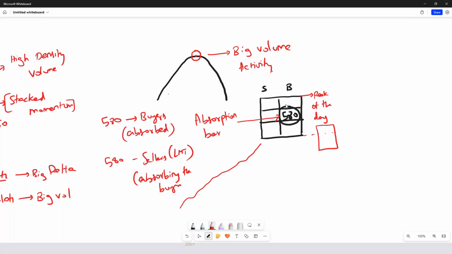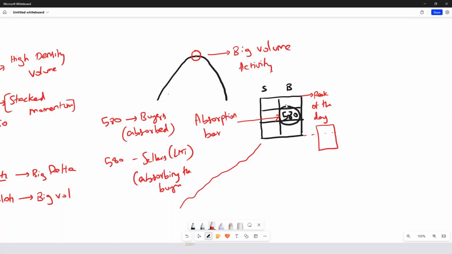So can we say bears will take control from here? Obviously, if it is something like a trapped activity, sometimes big traders get into a trap. Mostly it will be trapped by the absorption players. So when there is an absorption in an uptrending market, usually it will lead to a trend reversal on the downside.